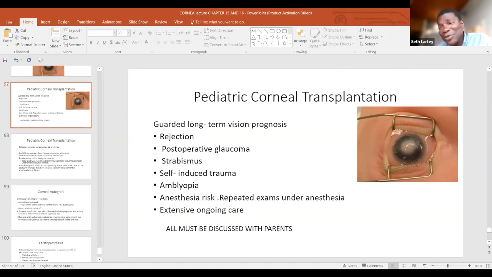Don't hurry to do a child transplant just because it can be done. You need to go through it carefully with mom and dad, and make sure they understand what is involved. They may have to take time off work sometimes, and there is the economic impact. So these things have to be very carefully discussed with them.